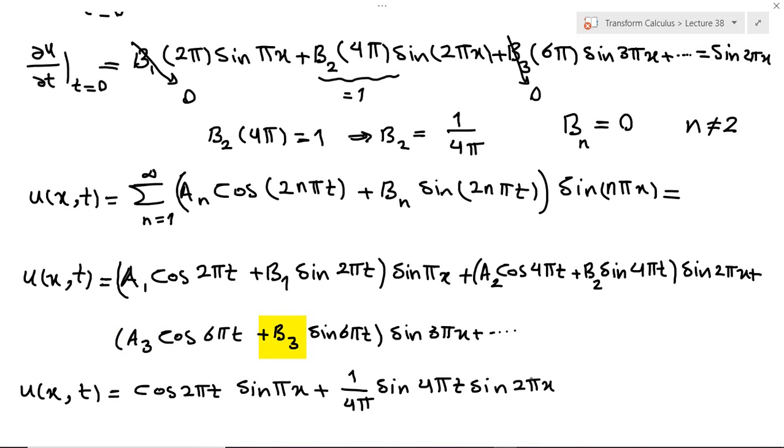As a result, we could find u of x and t as cosine 2 pi t sine pi x plus 1 over 4 pi sine 4 pi t sine 2 pi x.